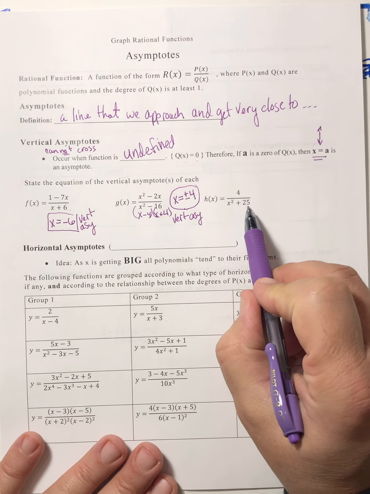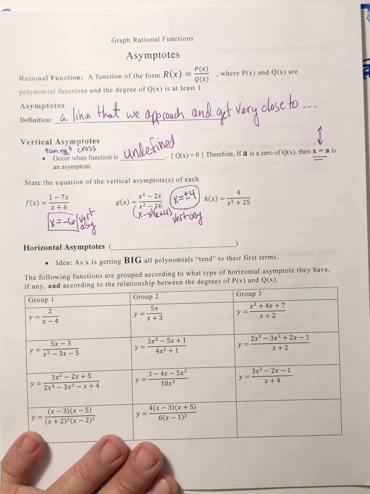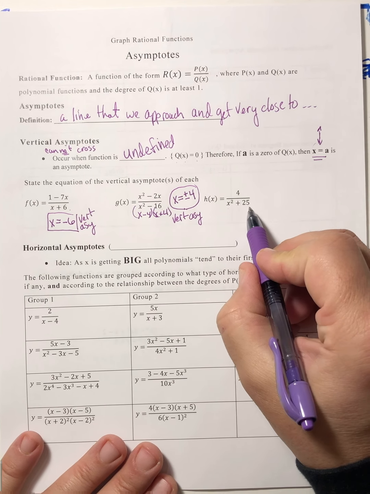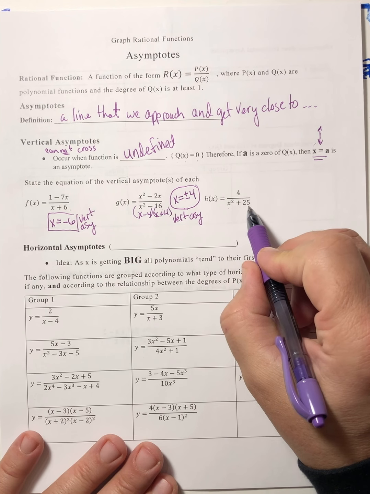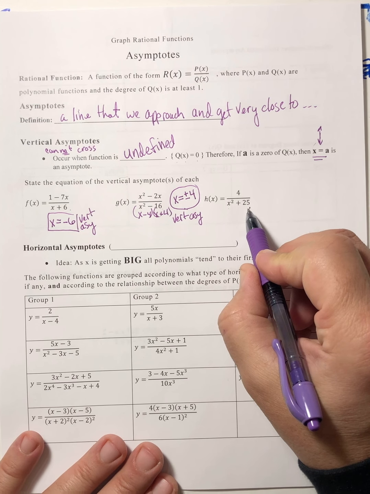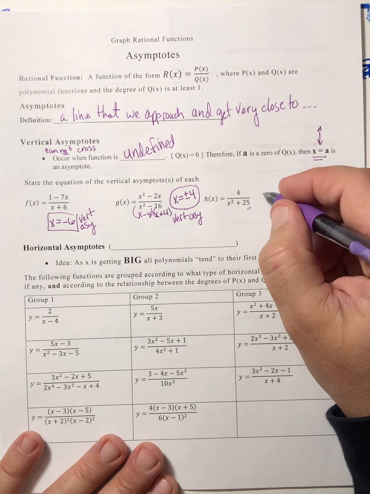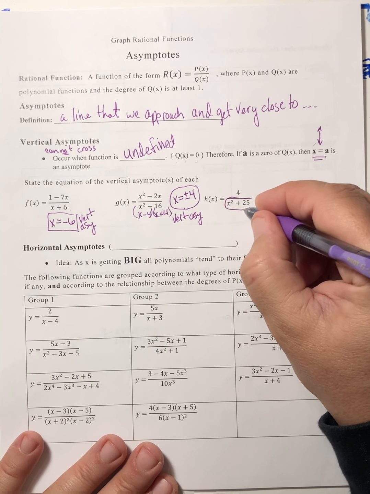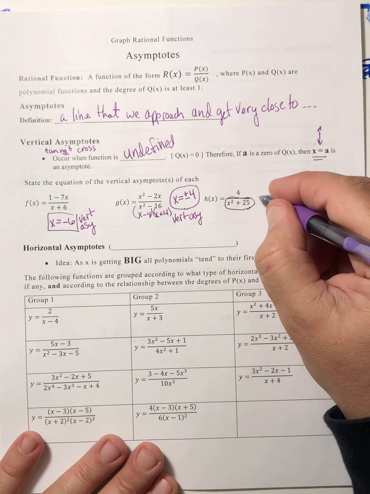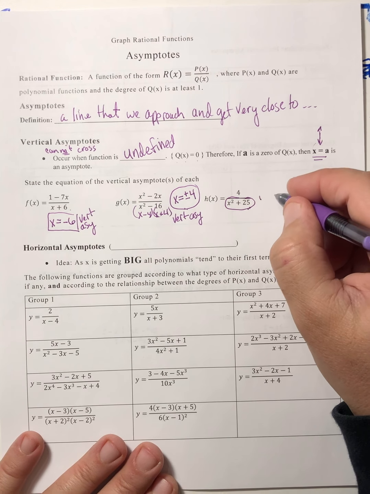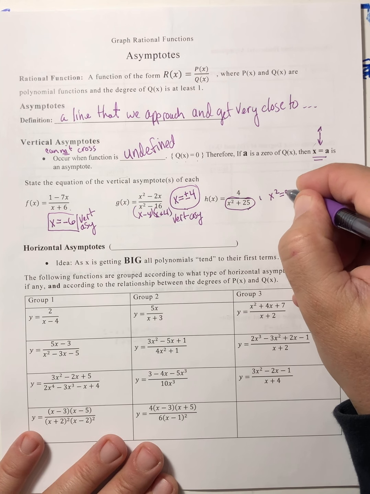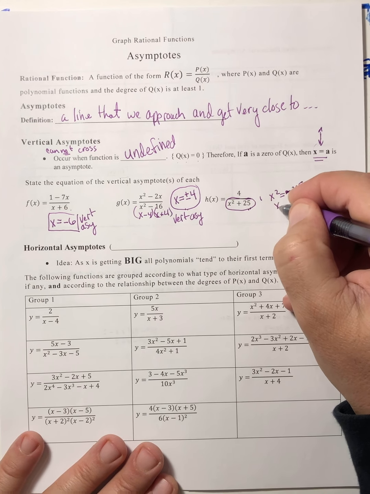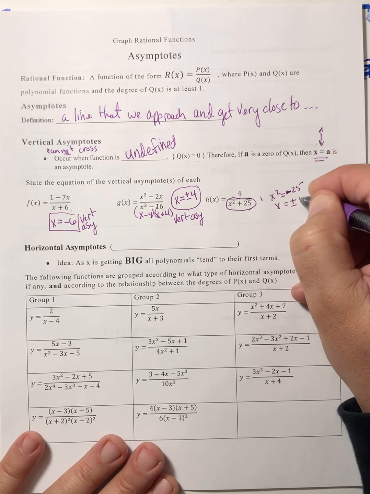When's this denominator equal to 0? That's right. X squared plus 25 will never equal 0. Therefore, this equation has no vertical asymptote. If you tried to, x squared equals negative 25, so x would equal plus and minus 5i.